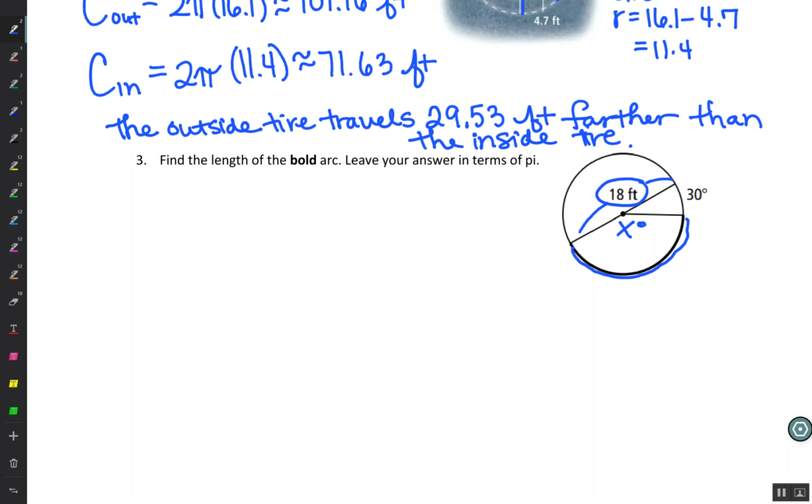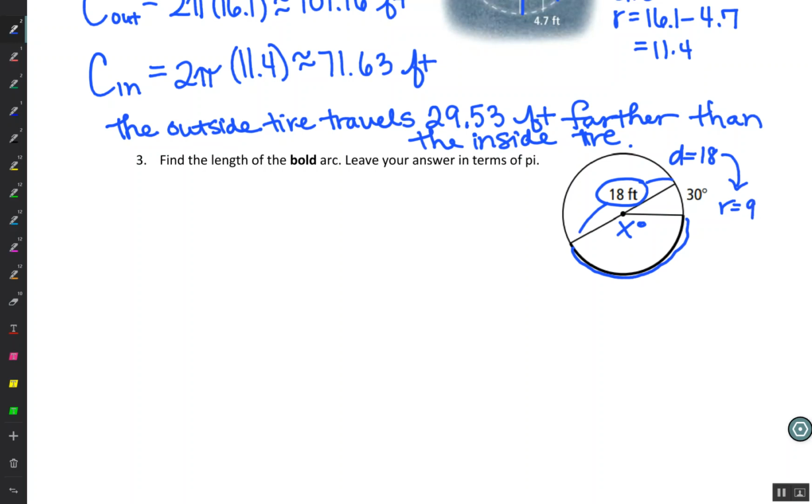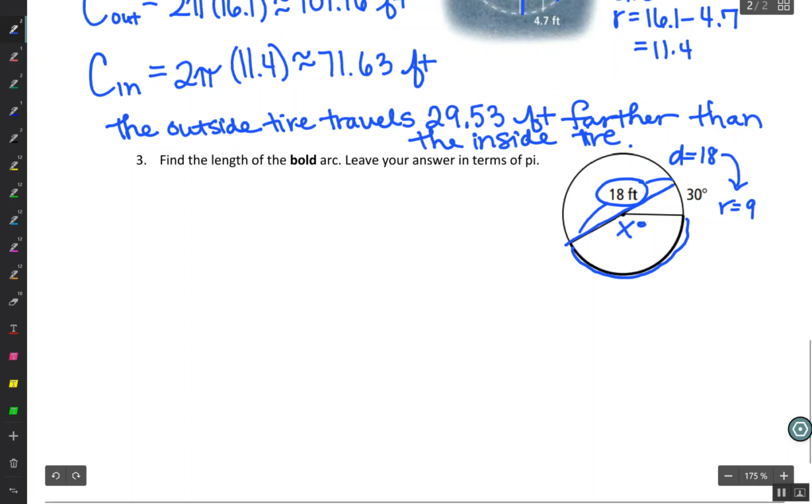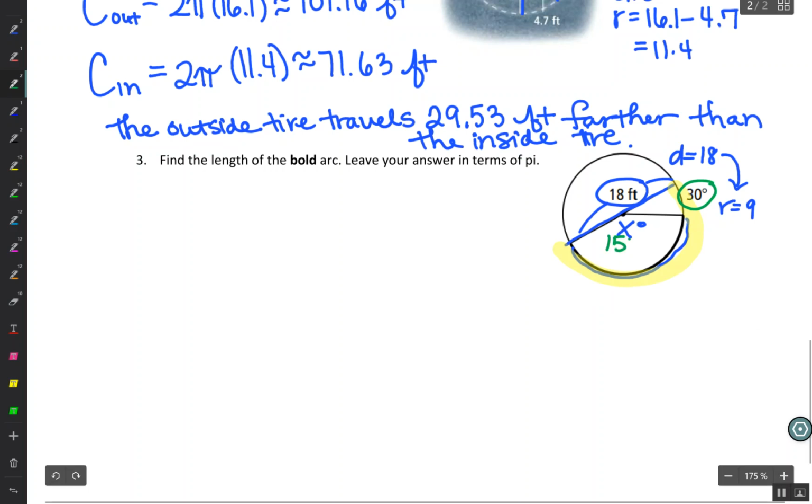If they're going to make it the radius, they'll make it obvious. So the diameter is 18, which tells us the radius is 9. And since this is also a diameter, that's a semicircle right there. From here to here is 180 degrees. So this 30 degrees that we have right here, we can subtract from 180 to get that this is 150 degrees.